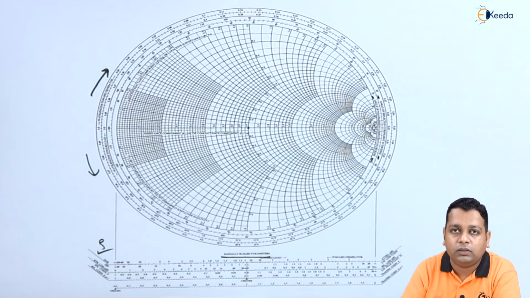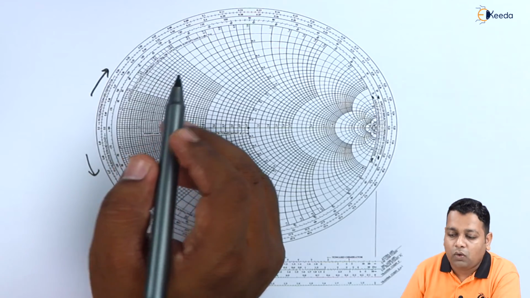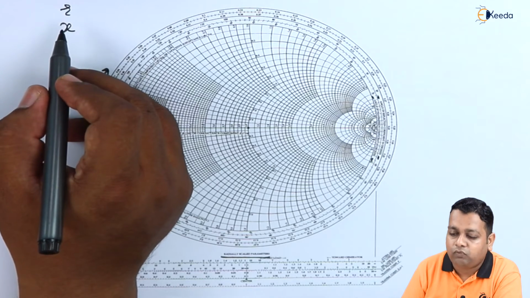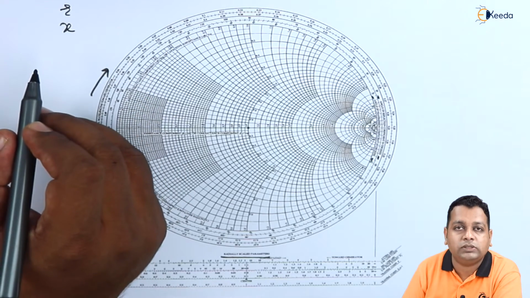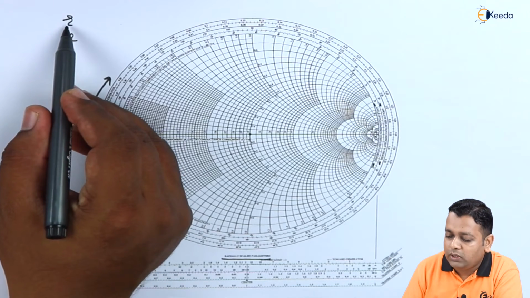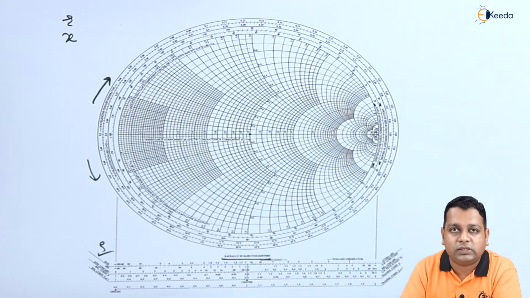Let us discuss a few of the characteristics corresponding to the Smith chart. The first characteristic is that the constant R circles and the constant X circles form two families of orthogonal circles. The word orthogonal refers to the crossing between the R and the X circles: if you consider the straight directions at the point of intersection, they intersect at a 90 degree angle.